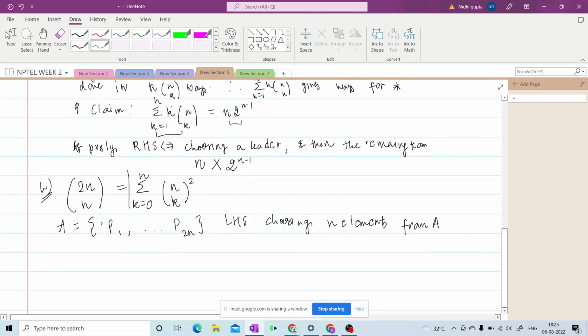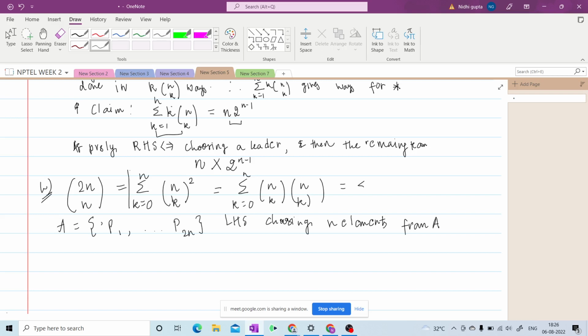So you can see your right hand side is sigma k going from 0 to n of n choose k into n choose k, or we can further write it as sigma k going from 0 to n of n choose k into n choose n minus k.